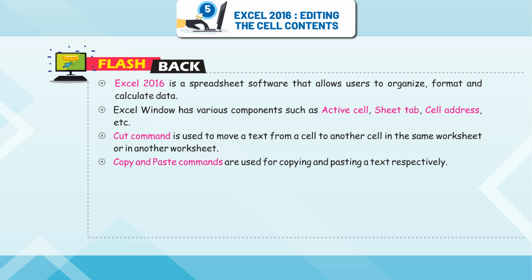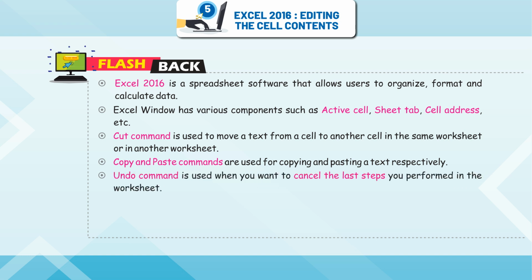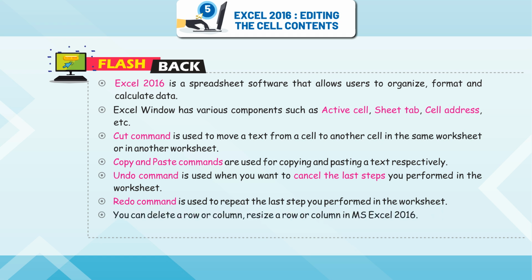Copy and paste commands are used for copying and pasting a text respectively. Undo command is used when you want to cancel the last steps you performed in the worksheet. Redo command is used to repeat the last step you performed in the worksheet. You can delete a row or column, resize a row or column in MS Excel 2016. Autofill automatically fills the remaining characters of the series.